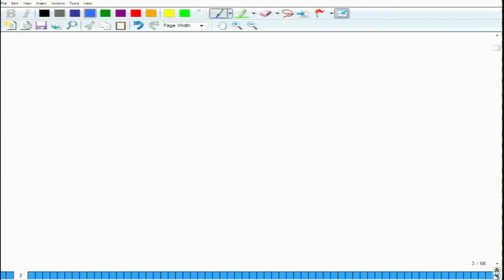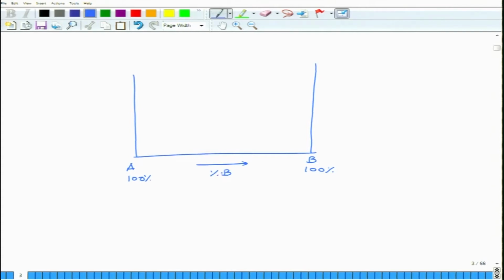What happens in partial solid solubility is slightly different. I will not draw the complete phase diagram, but let us take an example of A and B. This is 100% A, this is 100% B, this is percentage B, and on the vertical axis you have temperature. In partial solid solubility, solid solubility typically increases as the temperature increases.